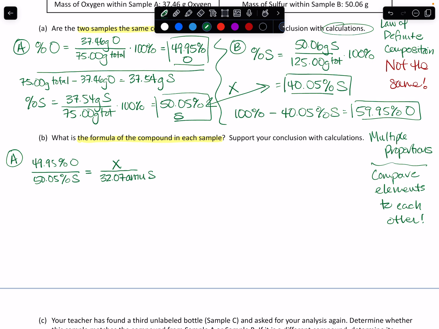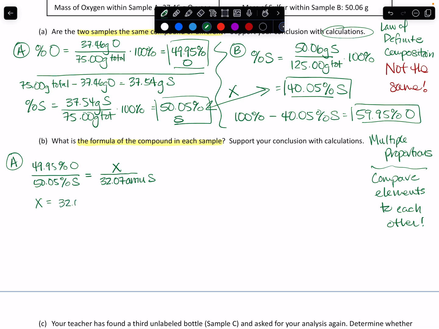So I'm going to cross multiply, and I'm going to find that the mass of the oxygen present is equal to 32.01 atomic mass units. So I go look at the periodic table and I ask myself, well, how much does 1 atom weigh? 1 atom has an atomic mass of 16, which means that I must have 2 atoms of oxygen here.